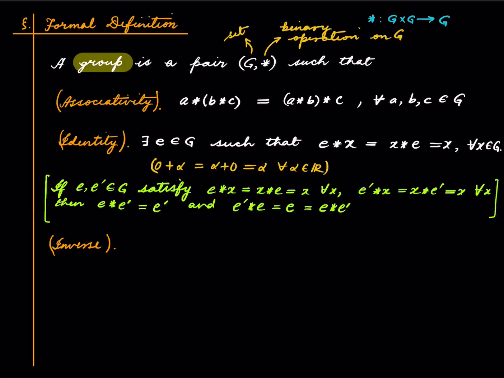Okay, inverse. It says that for all x in G, there exists some x prime in G such that x star x prime equals x prime star x equals E, where E is the identity.